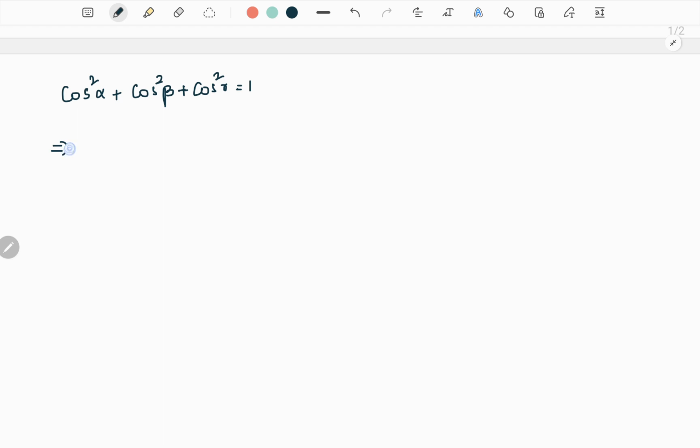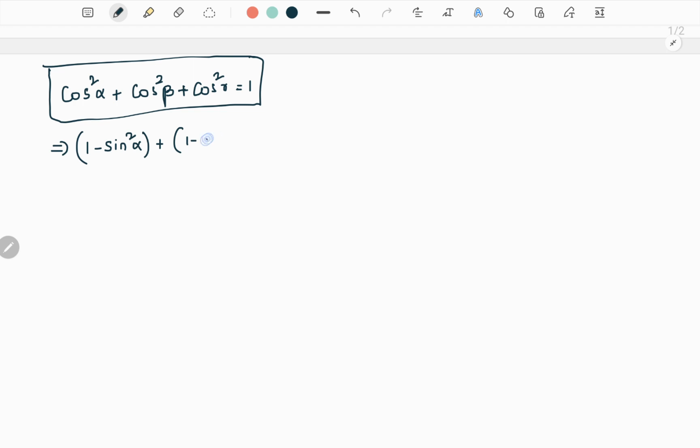And we know the trigonometric identity that cos square theta plus sin square theta is equal to 1. If we make use of that here, cos square alpha can be written as 1 minus sin square alpha, cos square beta as 1 minus sin square beta, and cos square gamma as 1 minus sin square gamma.